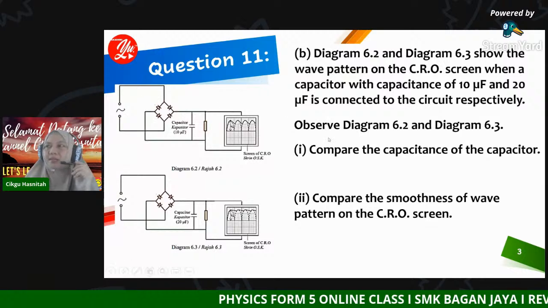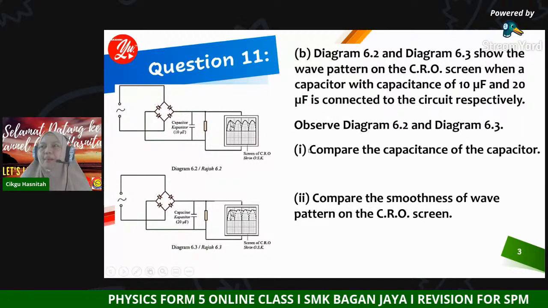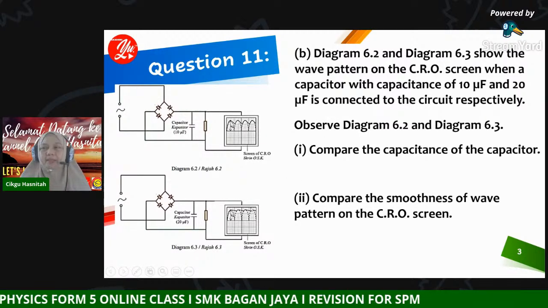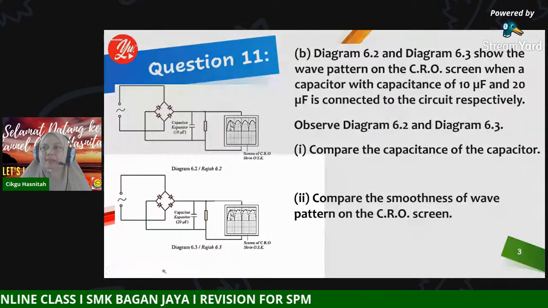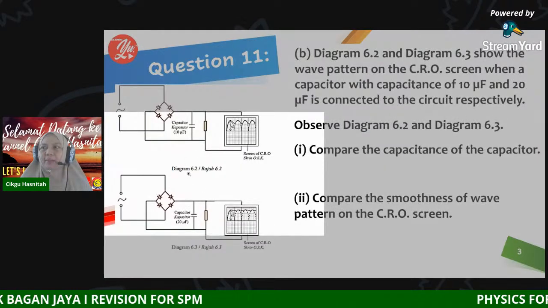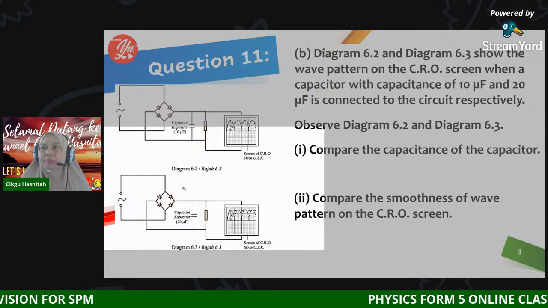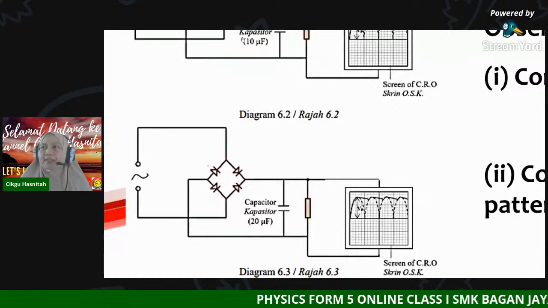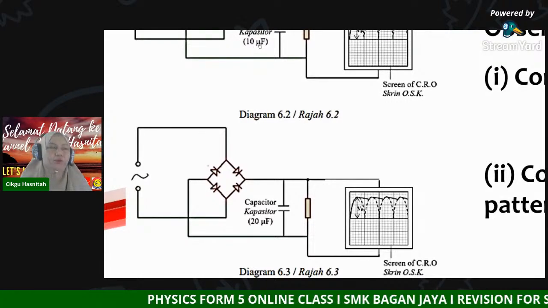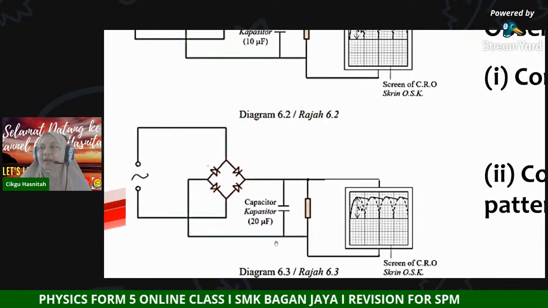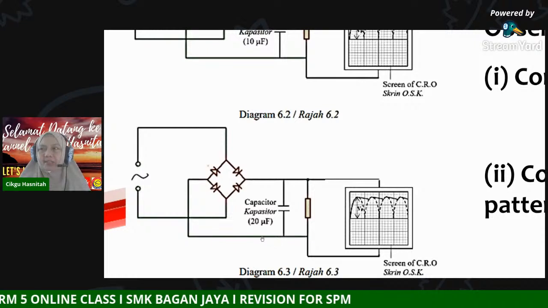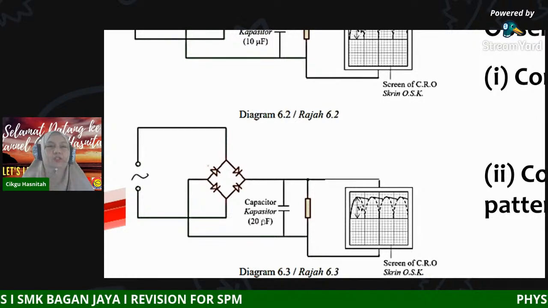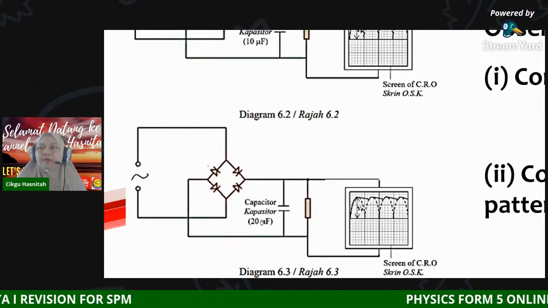Observe these two diagrams. Number 1, compare the capacitance of the capacitor. In diagram 6.2, the capacitance is 10 microfarads, while in diagram 6.3, the capacitance of the capacitor is 20 microfarads.